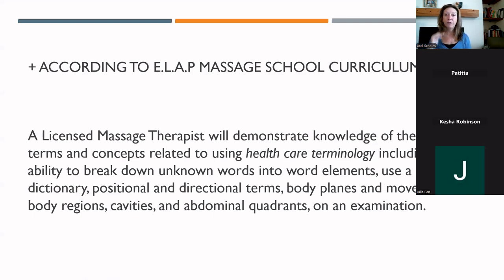So what we're focused on today is the healthcare terminology and breaking down unknown words into word elements. And we cover that other stuff, terms, body planes, movements in navigating the body. So feel free to look that up in your online learning center.